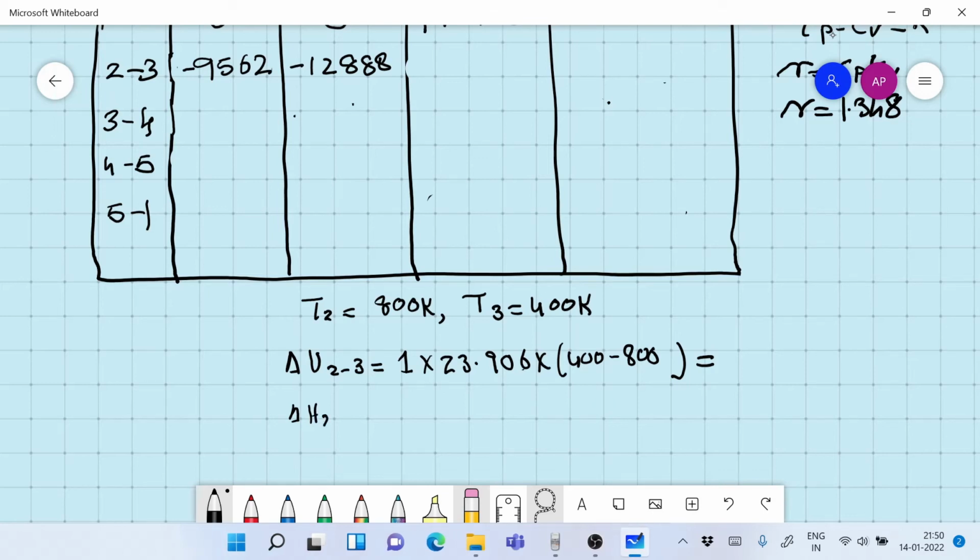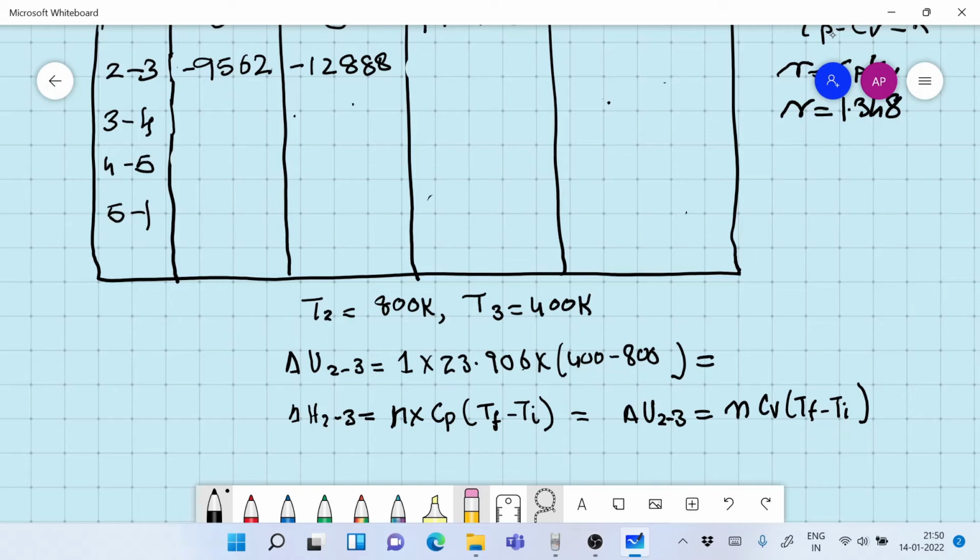Delta H23 for any process for an ideal gas is going to be n into Cp into T final minus T initial, which can be written as delta U23, which is nothing but n into Cv into T final minus T initial, divided by Cv multiplied by Cp.